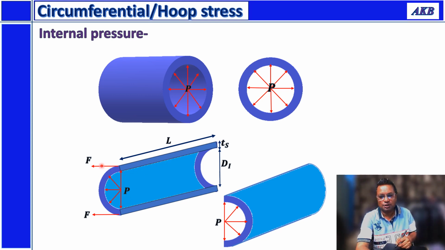So due to internal pressure, force F comes into picture, and this force is rupturing the cylinder, and under the action of this force, circumferential stress will be getting induced in the wall of the column. So our objective is to know what this circumferential stress is, or how to get an equation for this circumferential stress. Okay, so let us continue.